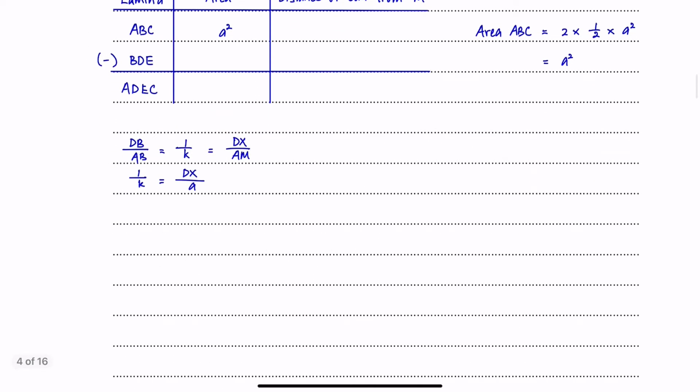So dx would be A over K. So the area of BDE would be 2 times half times A over K squared.